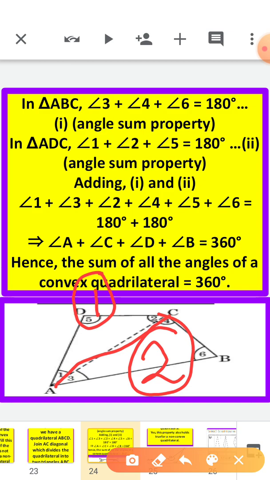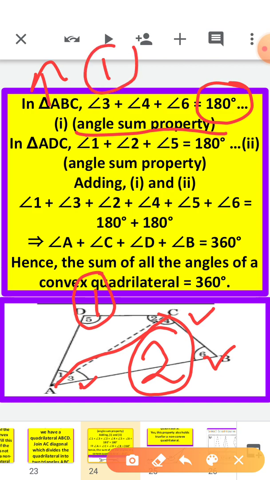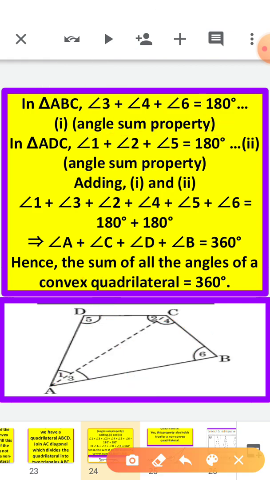In triangle ABC, angle 3, angle 4 and angle 6, when added with each other, give you 180 degrees. Why? Because of the angle sum property. We call this equation 1. Now let's talk about triangle ADC.